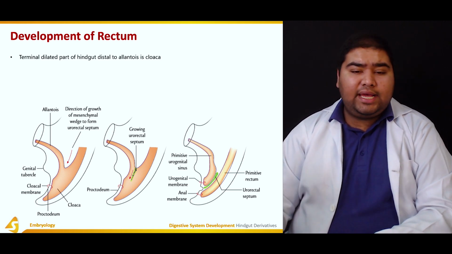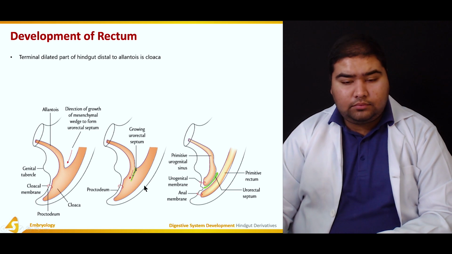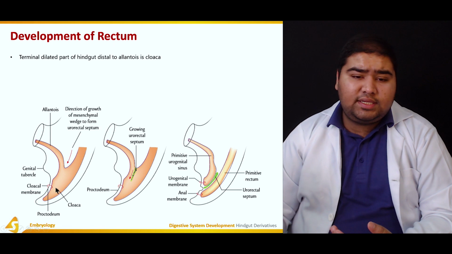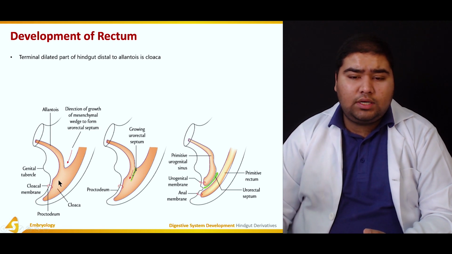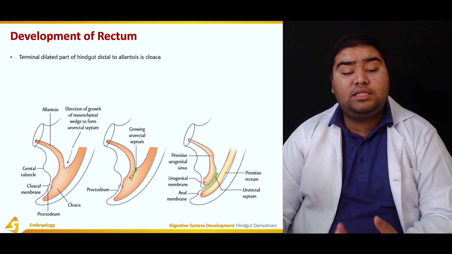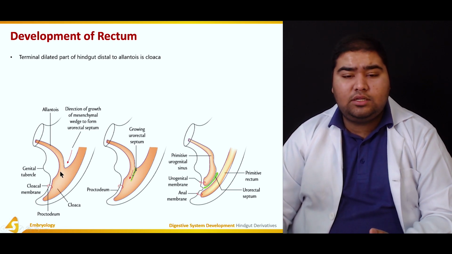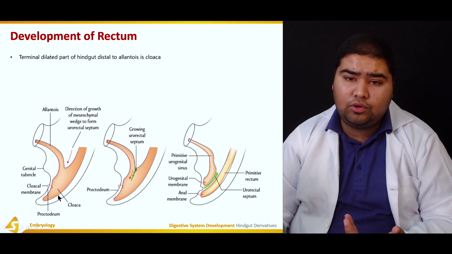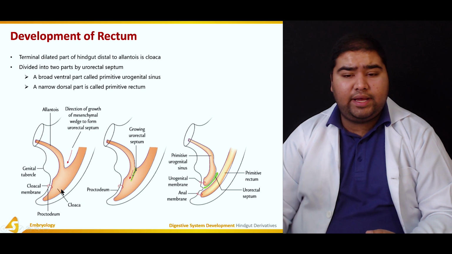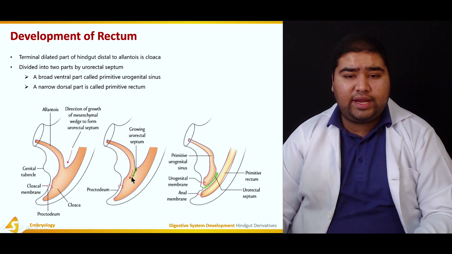So the terminal dilated portion of the hindgut, which is distal to the allantois, is known as cloaca. So it is divided into two parts by the urorectal septum.